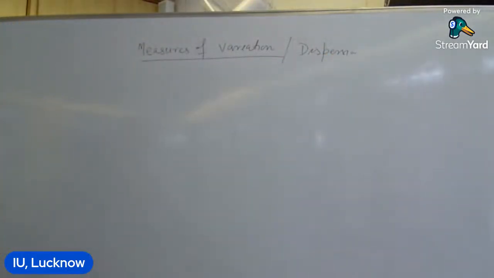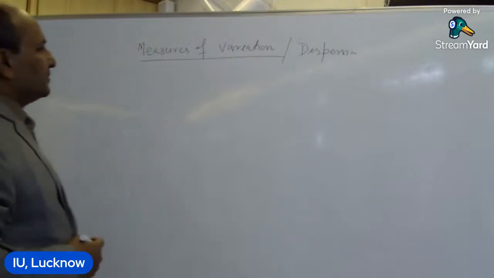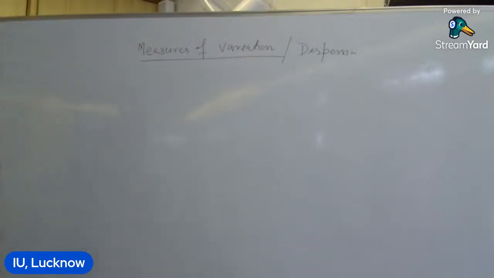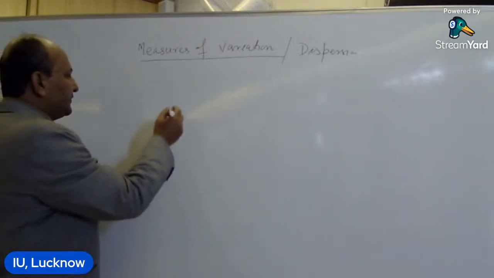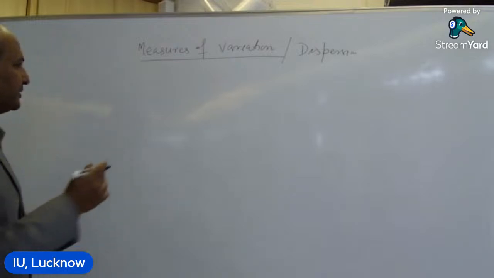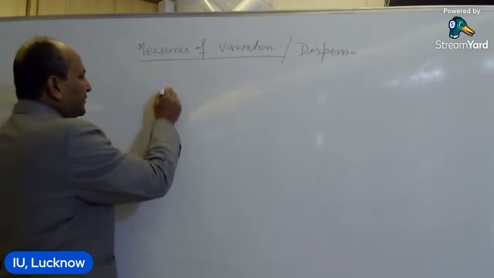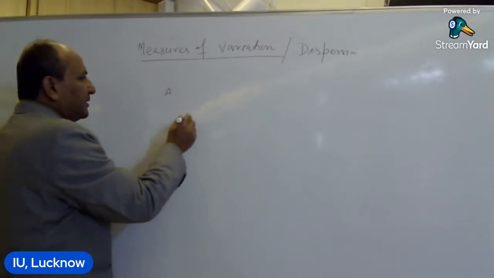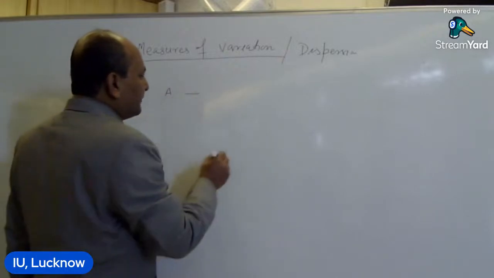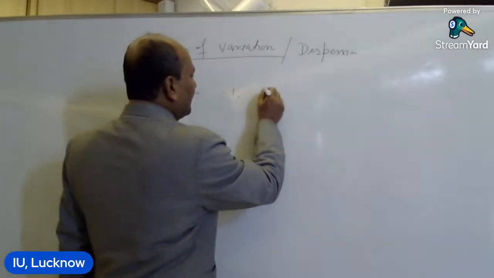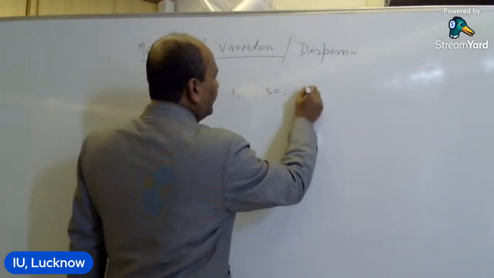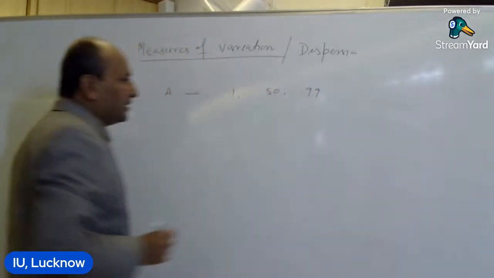So let us see what the measures of variation are. Before starting this topic, we take a simple example. Suppose we have a set of observations, A, which includes observations like 1, 50 and 99.